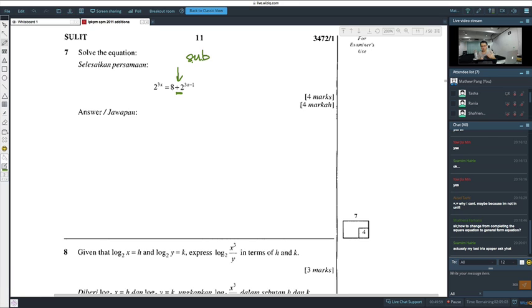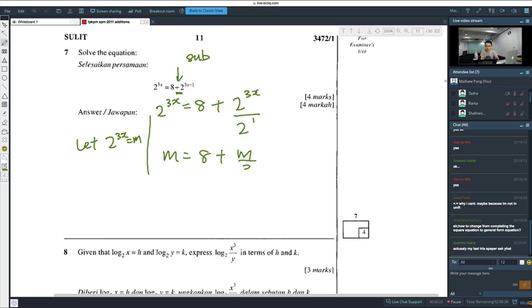When I say you need to do the substitution method, you have to let 2 power of 3x equal something. Let me expand this one first. Equals to 8 plus 2 power of 3x minus 1, which means divide by 2 power of 1. If I let my 2 power of 3x equal m, then m equals 8 plus m over 2.